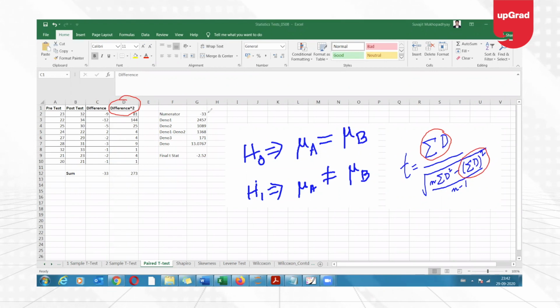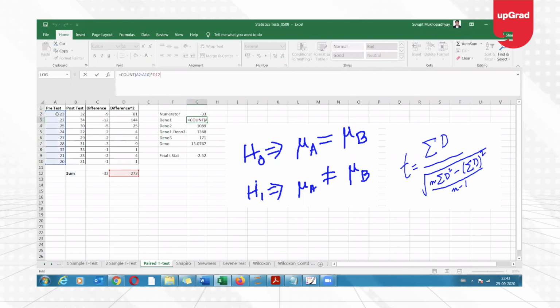So here what we have done is numerator, which is nothing but the difference. Then denominator 1: let's see what we have for denominator 1.